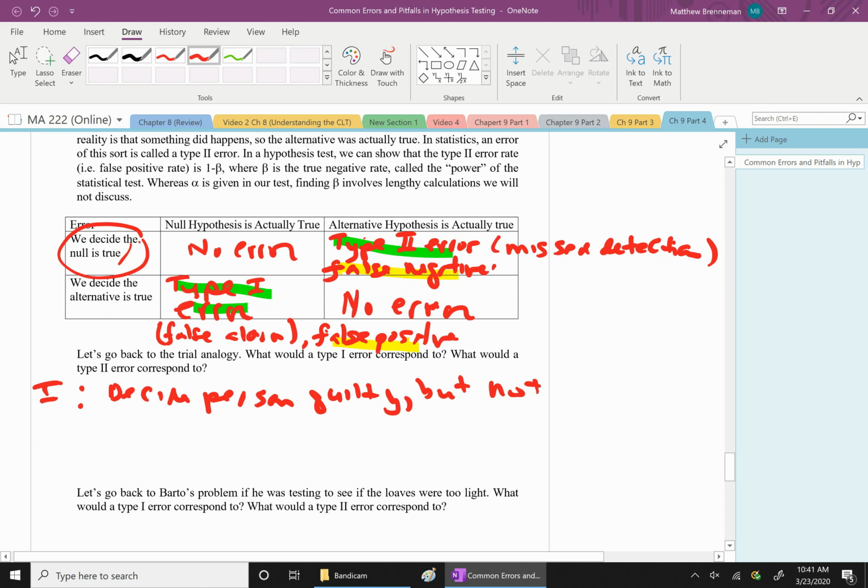It's a false alarm. We said something happened, the person was guilty, but they're not. A type 2 error would be a false negative. We said nothing happened, but it did. So here we would decide that the null was true, which is that they're not guilty, but they are.